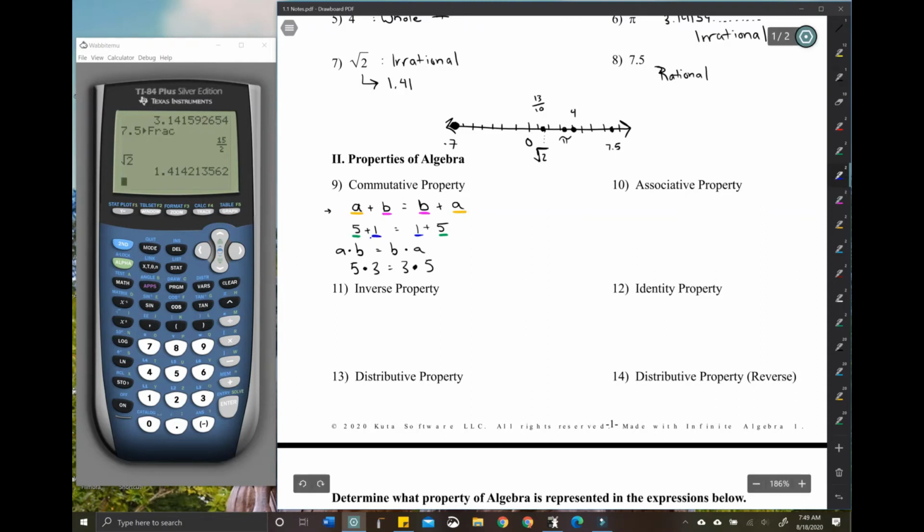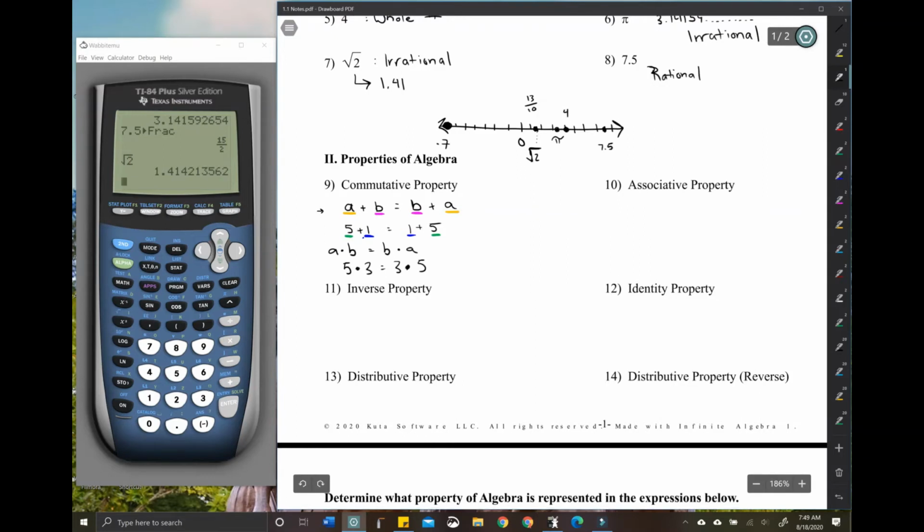Okay, the associative property typically involves associating different numbers in parentheses. Now, we are going to combine some of these ideas, but what this one says is that, well, if I have A plus B, and I do that first, and I add a C in there, it's the same thing as if I do A plus B plus C. Okay, so I'm just taking the B plus C instead of the A plus B first.